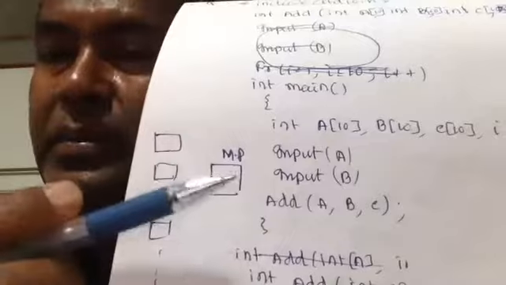Now, what is the main use of this? I'm giving just a simple example. This is not exactly what I mean to say from this example, but here you see, what is this?